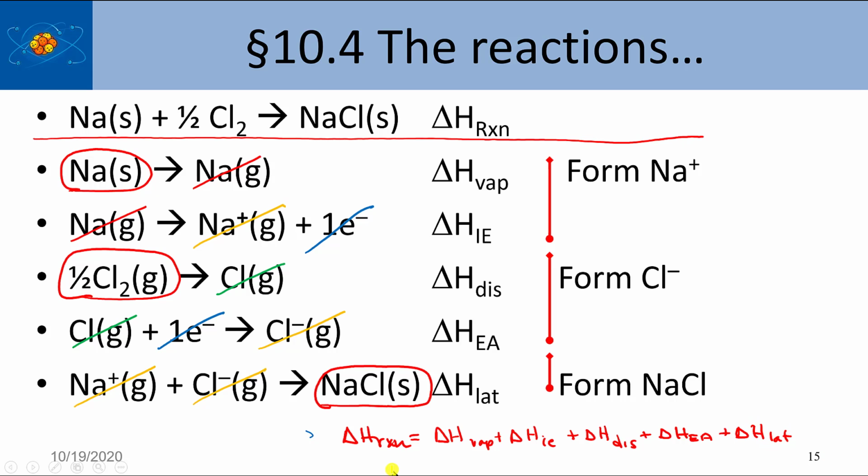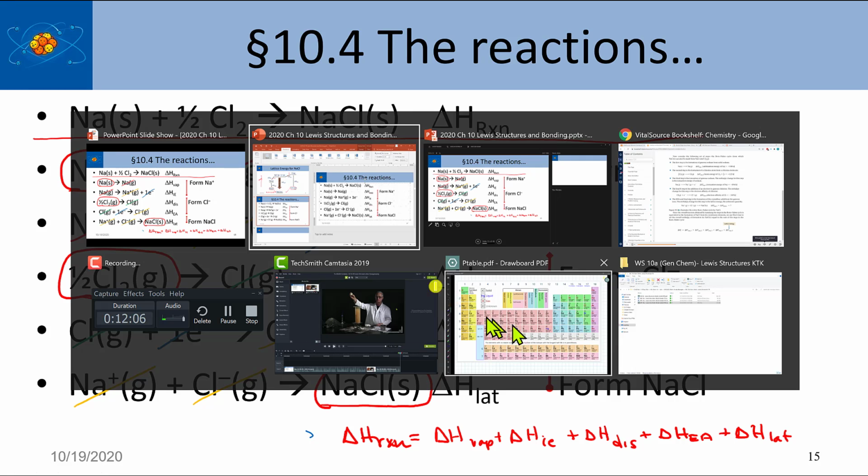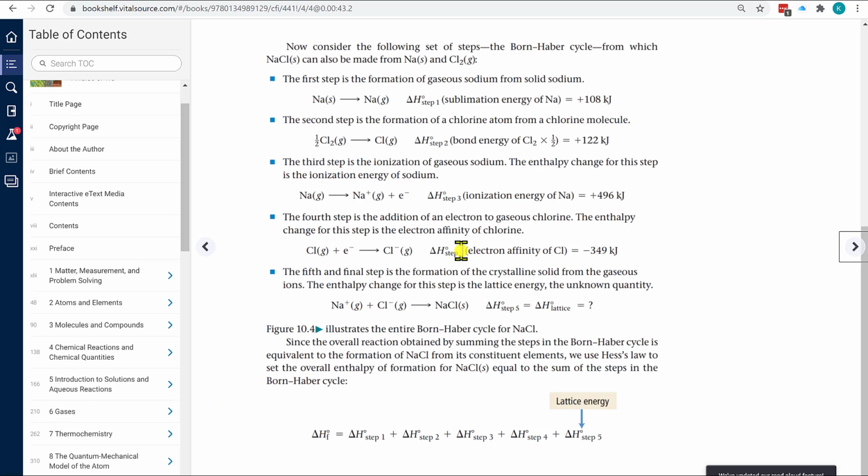And now I can just solve this for this. So I'm going to take the heat of the reaction, subtract all of these values off of it, and I'll have found the lattice energy. Now, rather than do that, since the book already did this particular example, I'll go ahead and show that to you out of the textbook. All right? So they said, in essence, the same thing that we did here. They just called them step 1, 2, 3, 4, and 5.